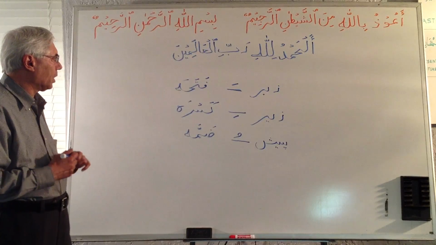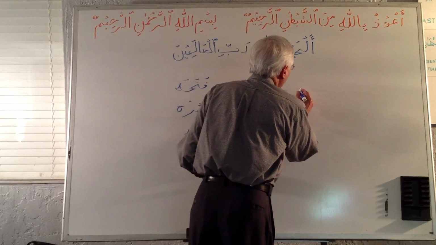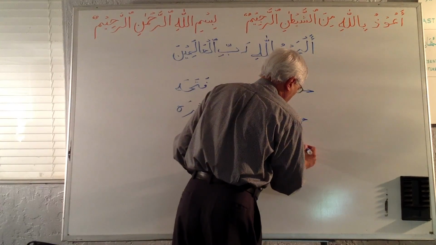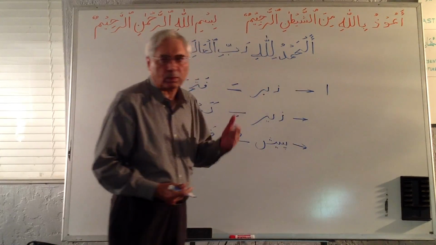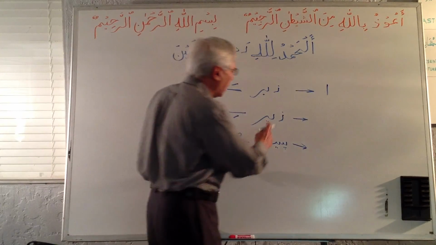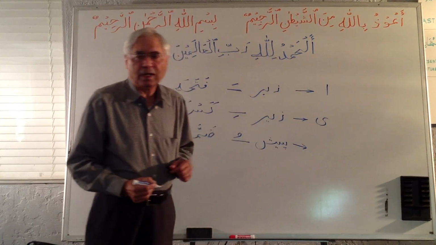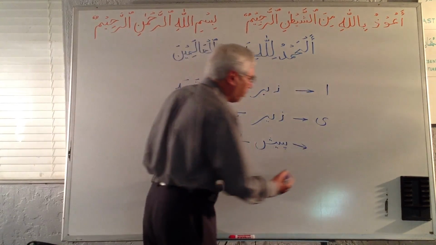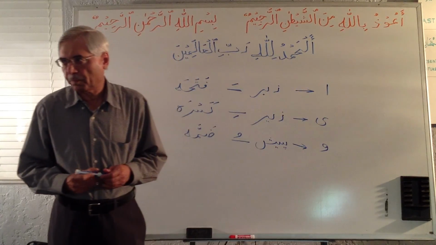Also, we know that the sound of zabar is close to the sound of this vertical line that we call alif. The sounds are very close. Okay. The sound of zair is very close to the letter ya. Okay. And the sound of pesh is very close to the sound of the letter waw.